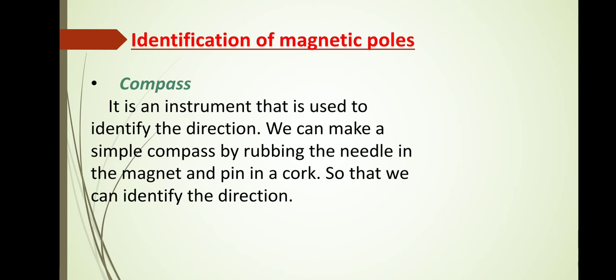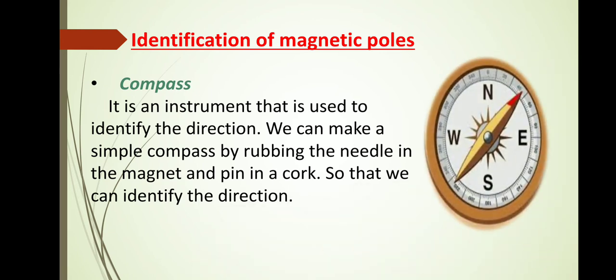Now you are given an unlabeled magnet and they are telling you to identify the poles. How will you do? Yes, there are some methods. Let's talk about one by one. The first one is by using a compass. Have you ever seen the compass? Here, this is a diagram of a compass.